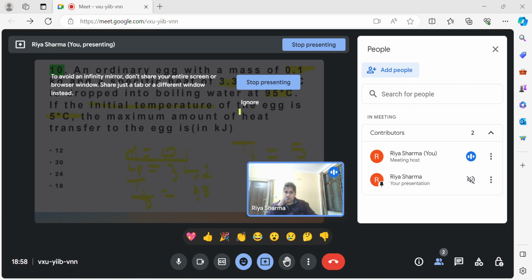The maximum amount of heat transferred to the egg in kilojoule is what you need to find, so you need to find the heat Q value.